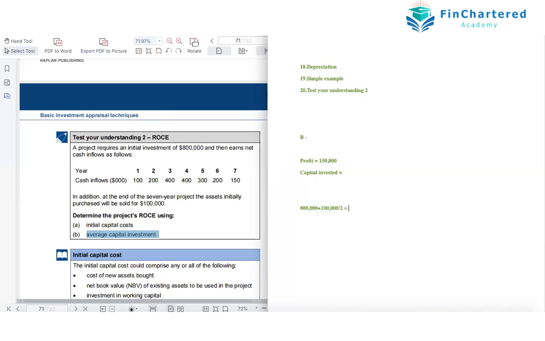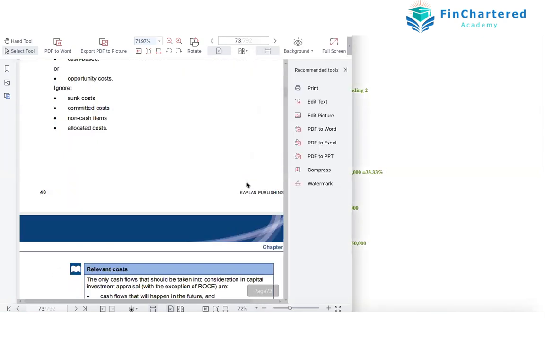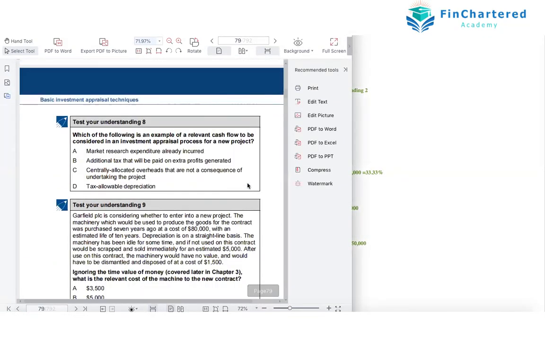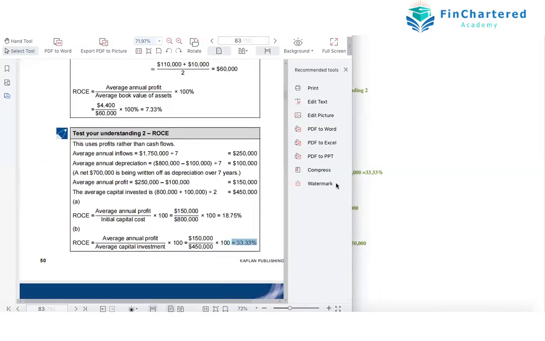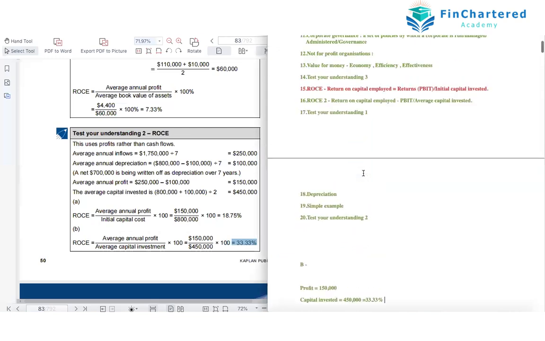So 900,000 divided by 2 is 450,000. So here the capital invested is 450,000. So the formula will be, ROCE will be 150,000 divided by 450,000, which is very good, 33.33%. Can we check the answer? 33.33%. And with that, it is 450 now.